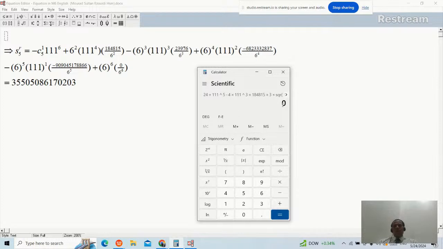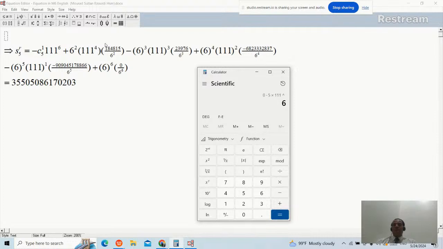So I will continue calculating the value of S5: minus 5 times 111 raised to the power 6. Then plus this one, and this one will be cancelled.